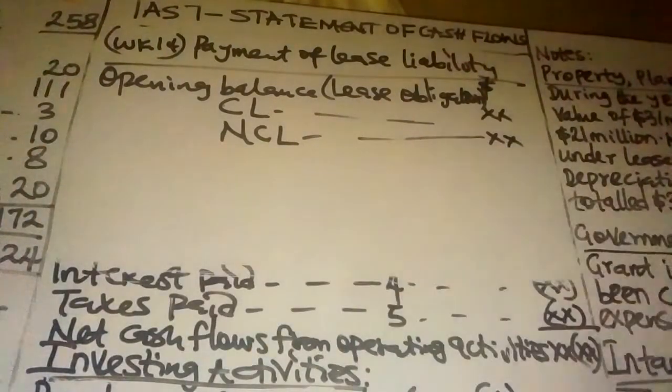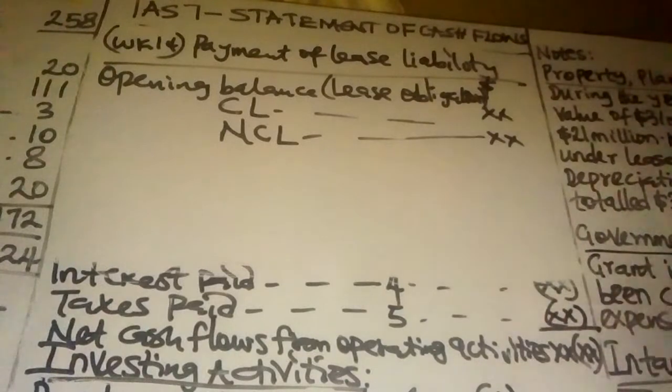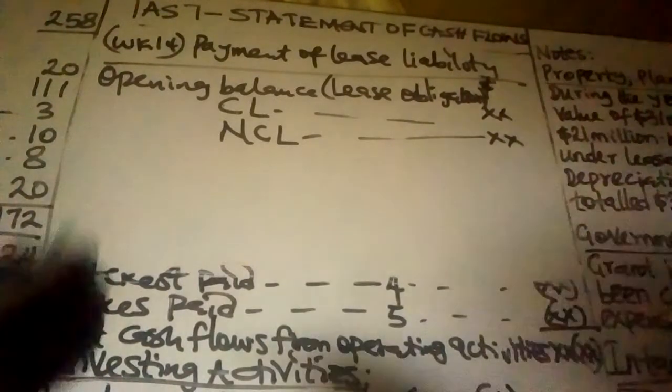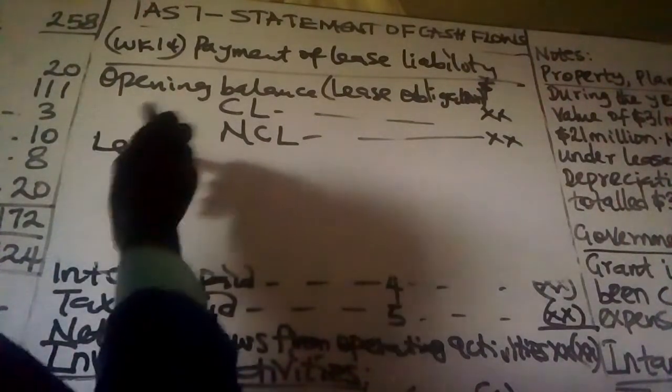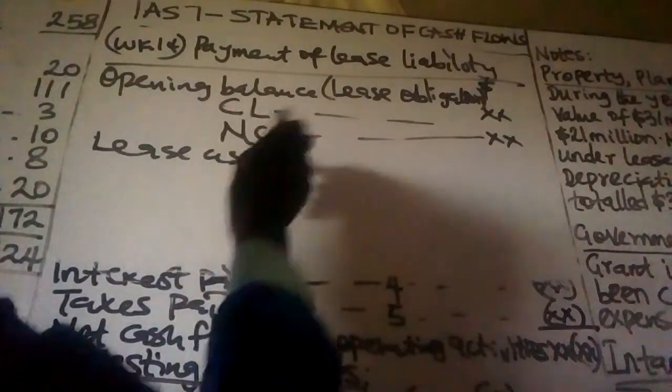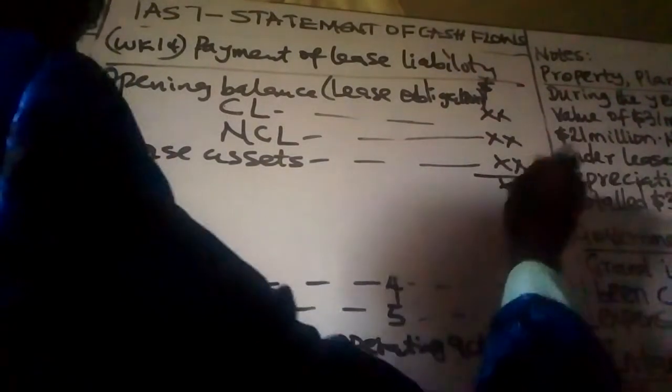You start with the opening balances of both. Then we also have lease assets acquired. The fair value of lease assets acquired, you add that.